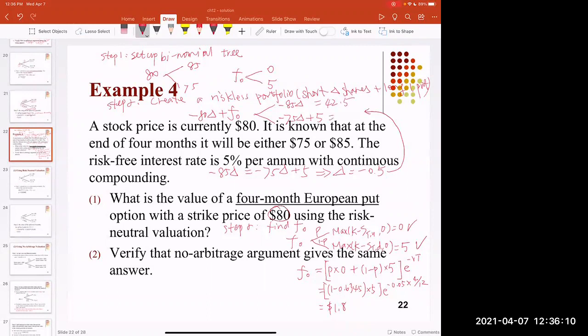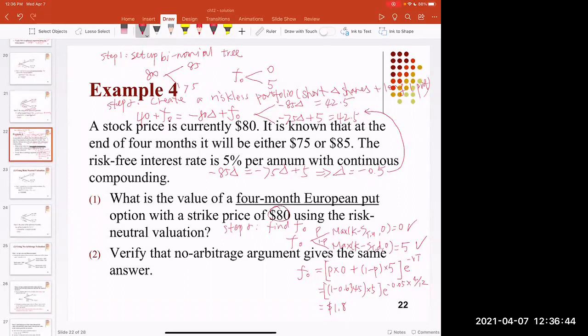Yes, it's the same. Good, so you need to double check. You should get the same answer. And we also need to find the value at time 0: delta is negative 0.5 times 80, negative, plus the option value. So it would be negative 40 plus F0... that is, 40 plus F0 for the portfolio value. Okay, that's step 2.